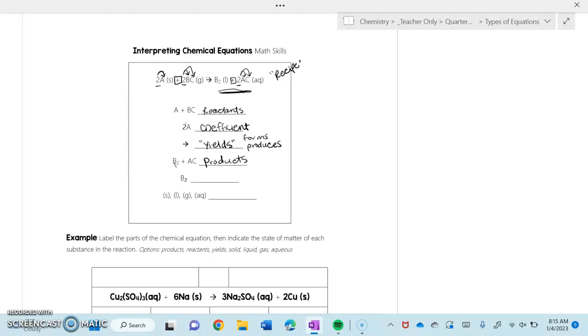However, I do use this little number in there, which leads us to our next one. The little number is bolded here. Whenever there's a tiny number in a formula, remember that is telling us how many of that particular atom it is next to. This is called a subscript. Okay.